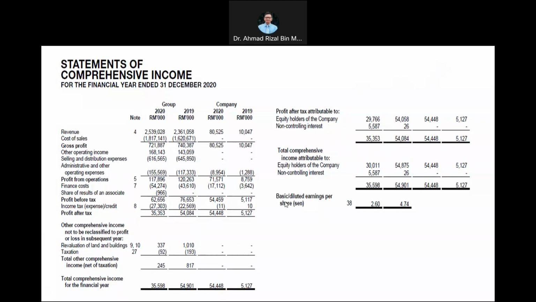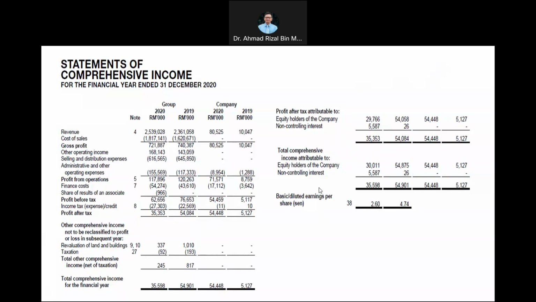Okay, and then the earnings. Now for analysis purposes, we normally focus on the net income at this stage, if you want to calculate certain ratios which involve net income.